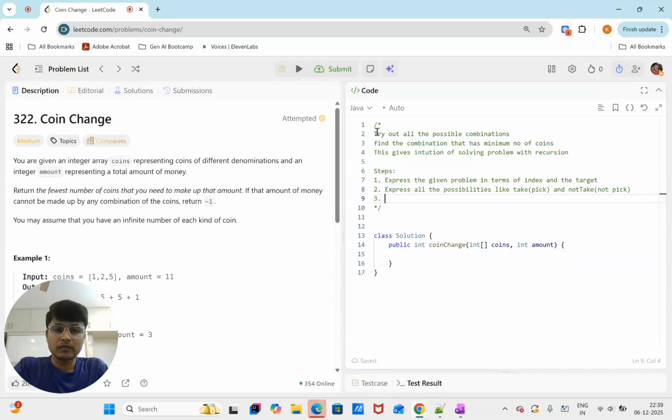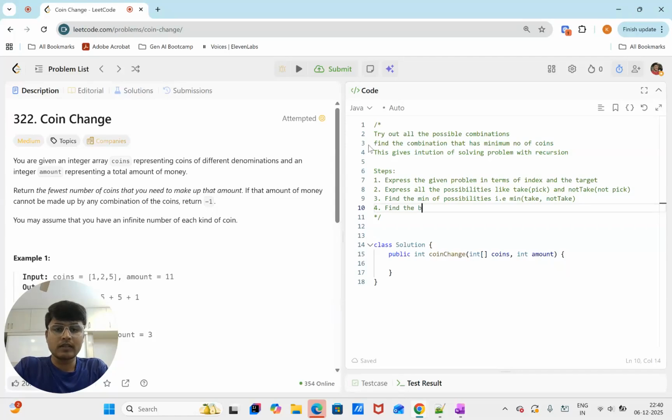Third will be: find the minimum of the possibilities, that is minimum of take, not take. And fourth is: find the best condition to terminate the recursion. So if we follow these steps, we will be able to find the combination that has the minimum number of coins to give that particular amount.